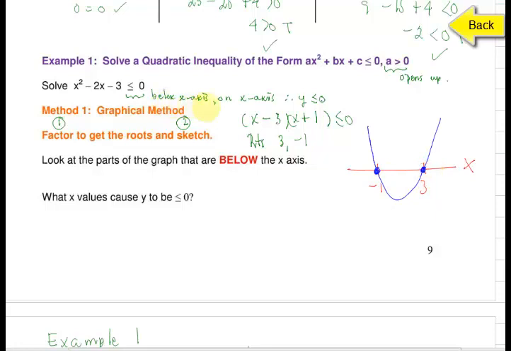And remember, the area that I want is below the x-axis, so this is my region. And so I want all the values for x which are between -1 and 3. And so -1 is less than or equal to x, which is less than or equal to 3. And this is my solution.